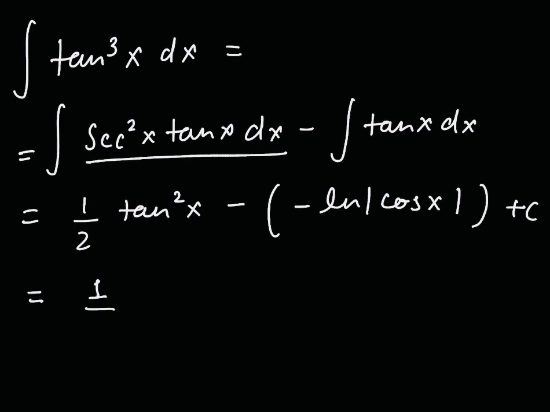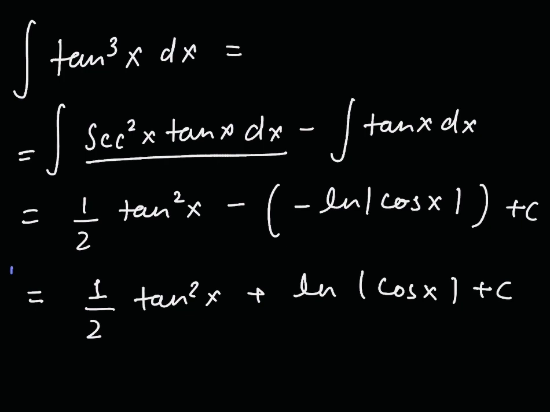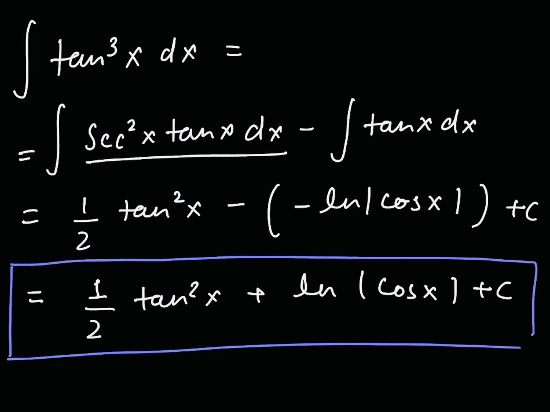So we have the final answer as half of tan square x plus ln mod of cos x plus c. C is a constant of integration. That's gonna be our final answer to this problem.